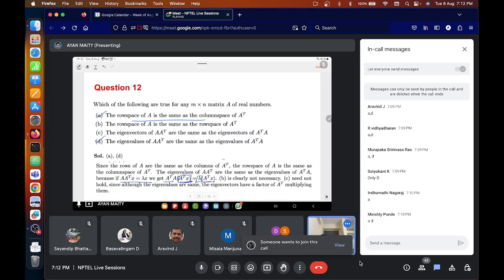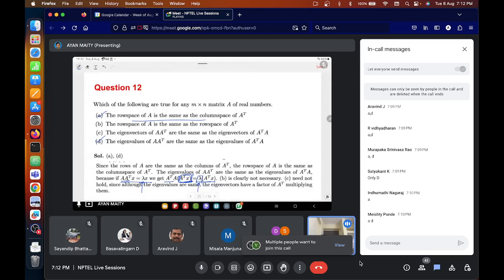So lambda is also the eigenvalue of A transpose A. Lambda was taken as the eigenvalue for A transpose, and we can also show that lambda is the eigenvalue for A transpose A with the eigenvector A transpose X. So that means option D is also correct.